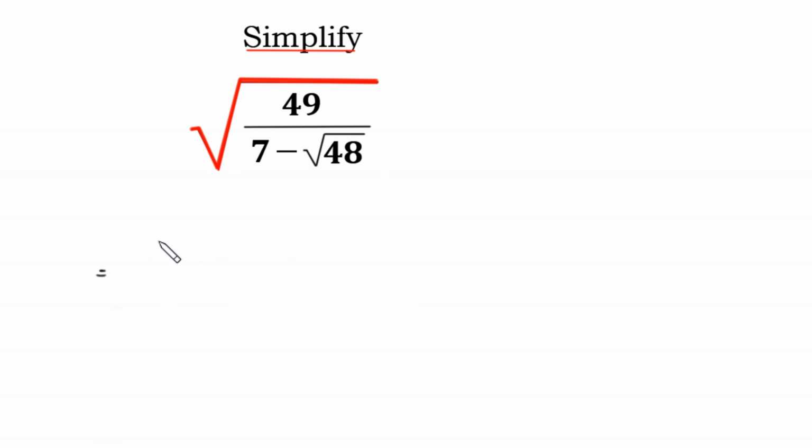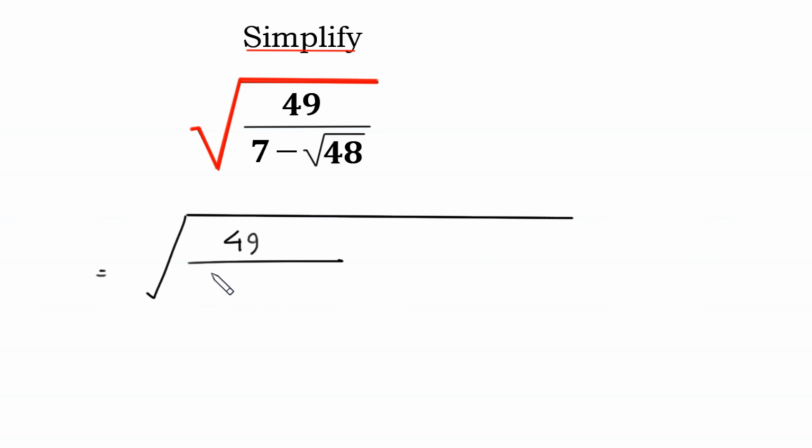Then this expression will be equal to square root of, we write this expression first, 49 divided by 7 minus square root of 48, and we multiply this expression by the conjugate of this expression, 7 plus square root of 48, and we divide this expression by 7 plus square root of 48.